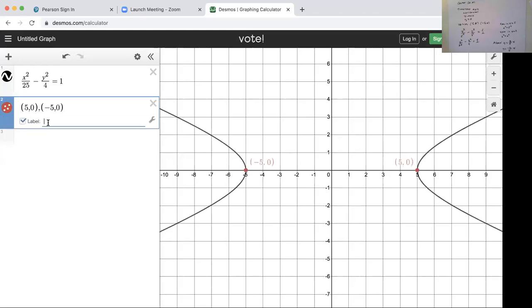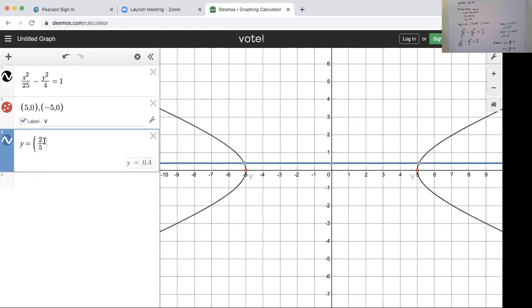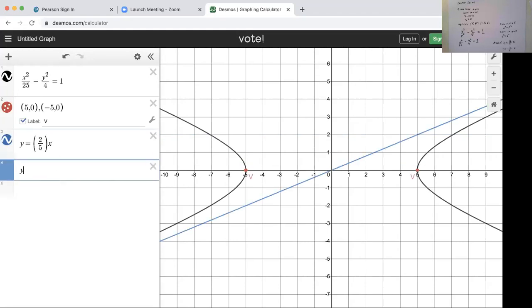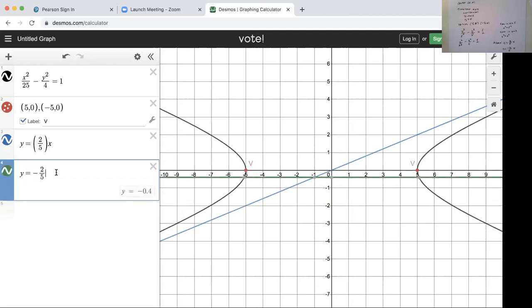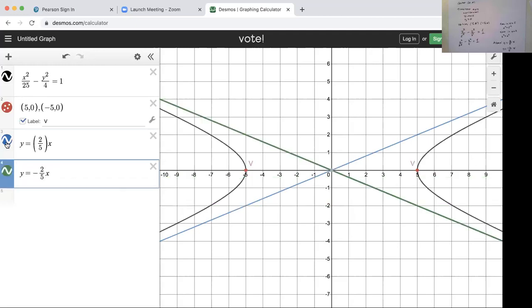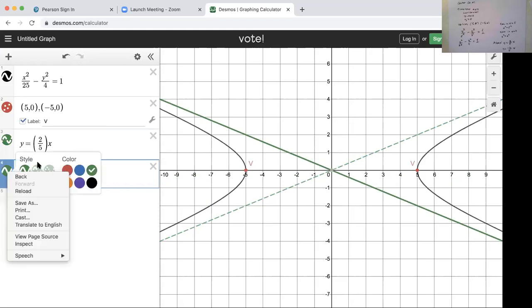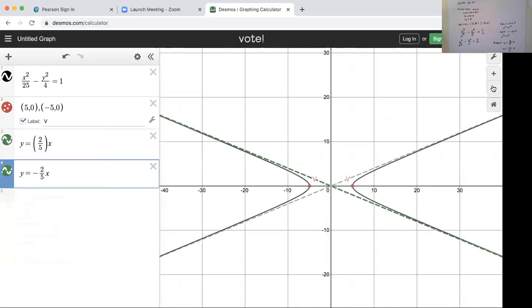And our asymptotes were 2/5 x and -2/5 x. And it's always good to zoom it out so you can see the asymptotic behavior: as we move away from the center, the hyperbolas get closer and closer to those lines.